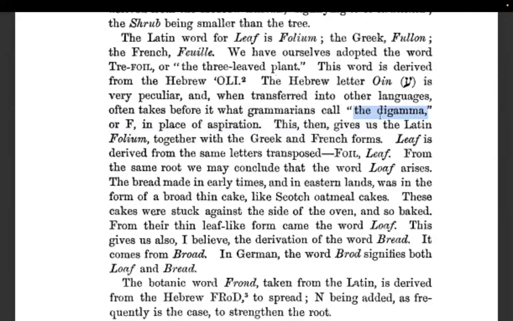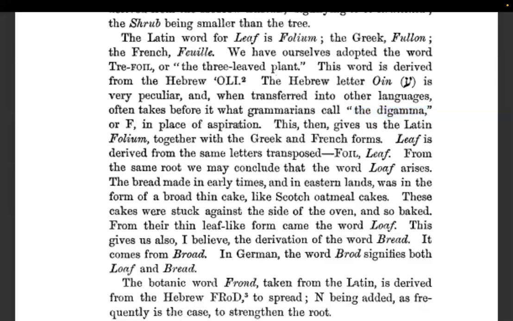It takes the position of the wa in the Hebrew. This letter was originally dropped from ancient Greek, and you can still see the evidence for that today because they use their letters like the aleph bet, where the aleph is one, the alpha is also one, and they go one, two, three, four, five, then seven because this letter is skipped.